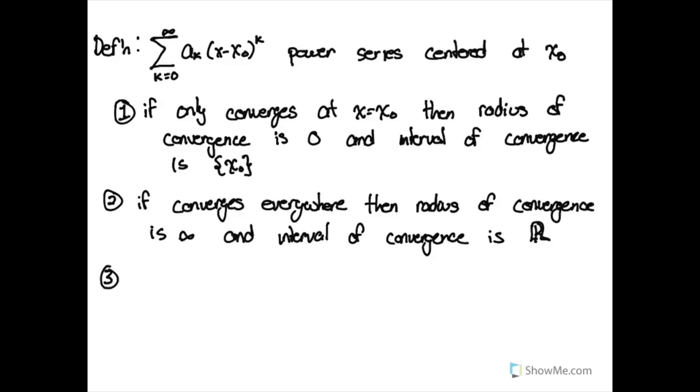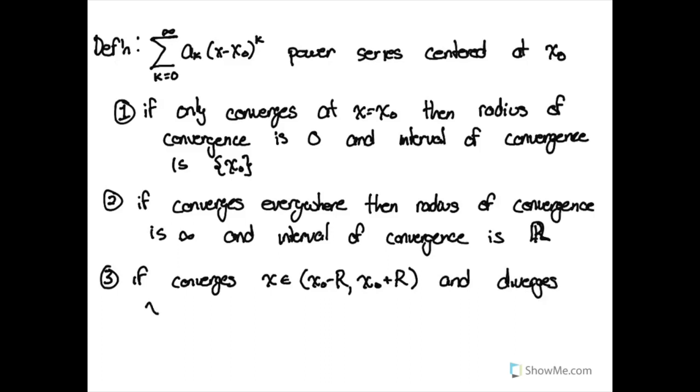Okay, and finally, if the power series converges for x in (x naught minus R, x naught plus R) and diverges for x in (minus infinity, x naught minus R) union (x naught plus R, infinity), then we say R is the radius of convergence.